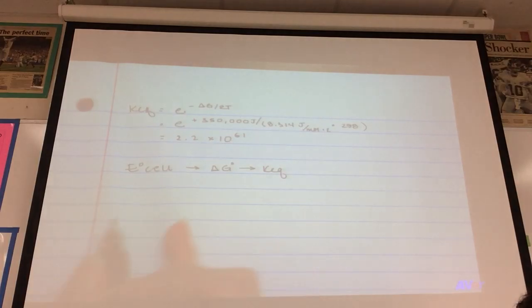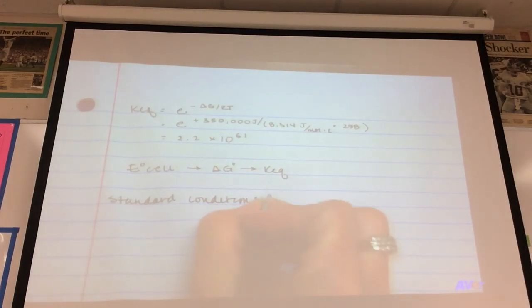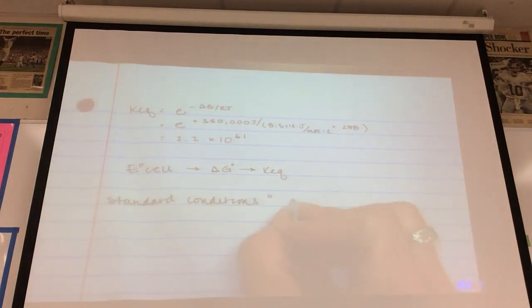Now, one of the other things we said is that under standard conditions, we use that naught sign. And that is when concentration of ions is 1 molar, or if you have a gas, the pressure is 1 atmosphere.